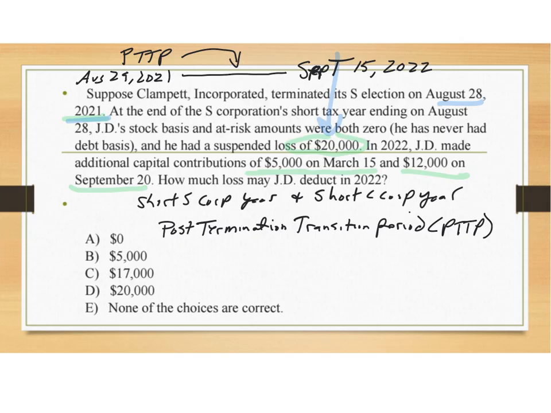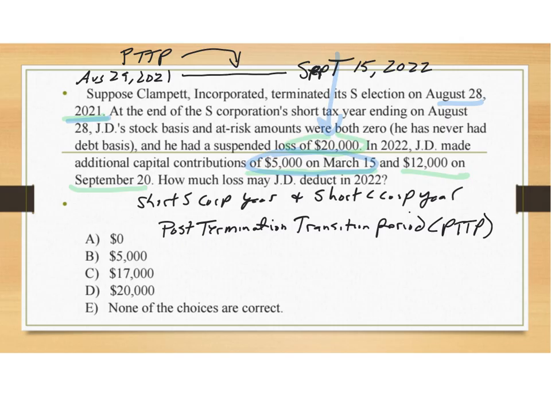If we contribute capital on March 15th, that would increase our at-risk amount during that PTTP period, and then we would be able to deduct a certain amount of that suspended loss.